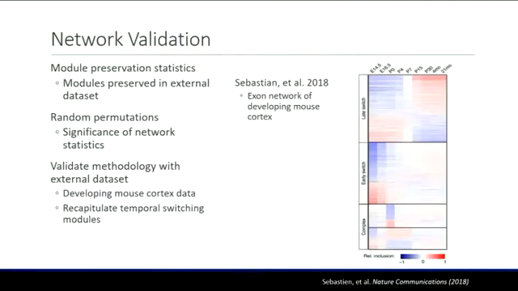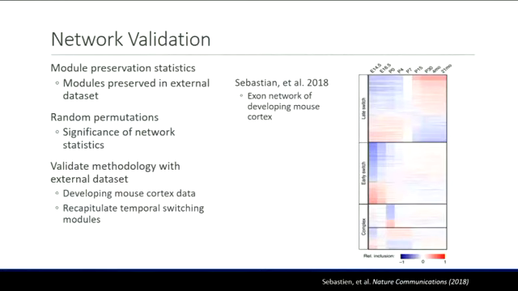After doing all this, it's important to validate a network. There are different methods that I'll be looking at in terms of validating my network. One approach that's commonly used is module preservation statistics, where if you build a network based on a particular data set, you try to evaluate it by building another network in an external data set, and looking to see how well your modules are preserved across the data sets.